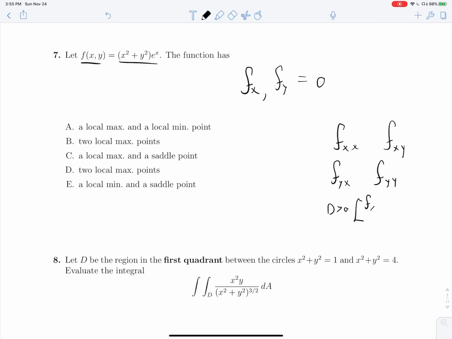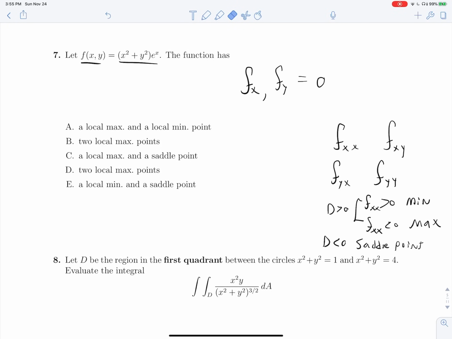Either fxx is greater than 0, and that means that the point that we're checking is a minimum, or fxx is less than 0, which means that point is a maximum. Additionally, if the discriminant is less than 0, we have a saddle point, and if the discriminant is equal to 0, we don't know anything.